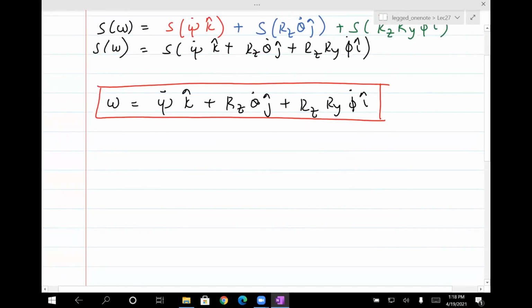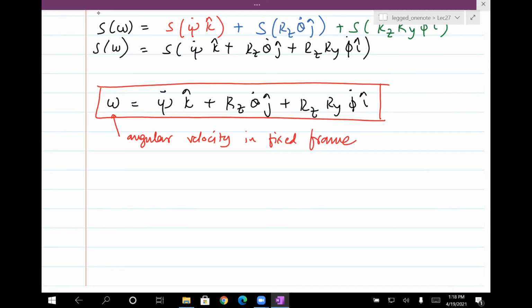Okay, so angular velocity in fixed frame. Now you can write this in the following way.